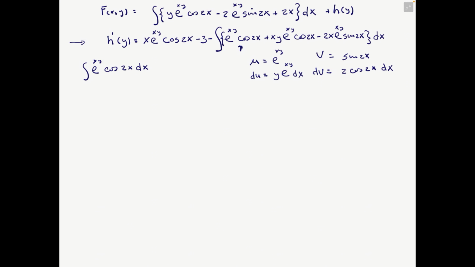So we say u equals e to the xy, du equals y e to the xy dx. V equals, and we're going to choose sine of 2x, and dv equals 2 cosine of 2x dx.